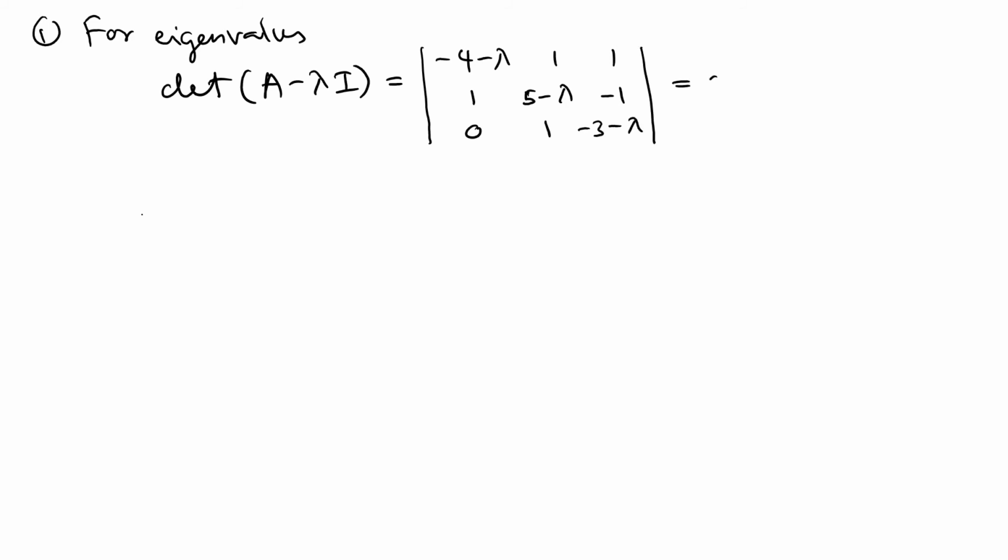We're going to set this equal to 0. That's the characteristic equation. We can expand along any row or column. We're going to pick the first column because it has some zeros there.